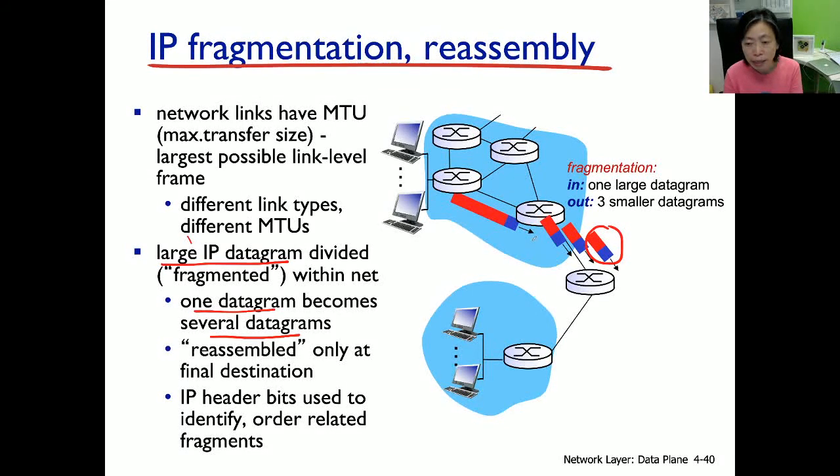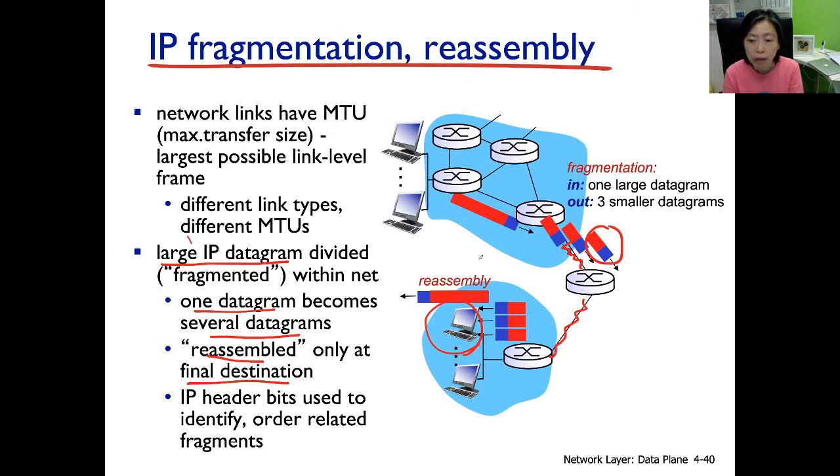So we actually break them into multiple parts before passing it on this link here. Now these datagrams will remain the way they are through the network and come to the destination. The reassembly is only done here, only at the destination. So only the final destination is doing the reassembly.